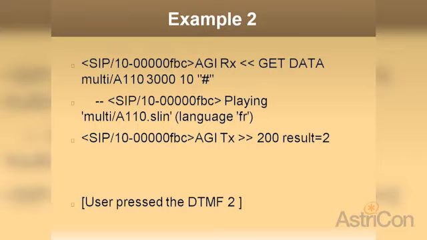Which means the file A1110 resides in /var/lib/asterisk/sounds/en for English, multi/1110. The 3000 right after is the timeout in milliseconds. The 10 is the maximum number of digits that you want to read. And the pound at the end is the escape digit, so you can escape with the pound.